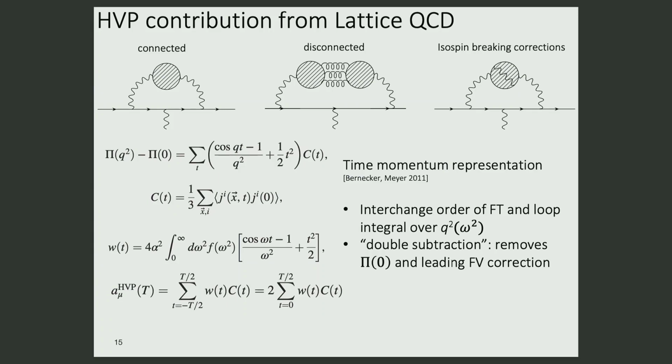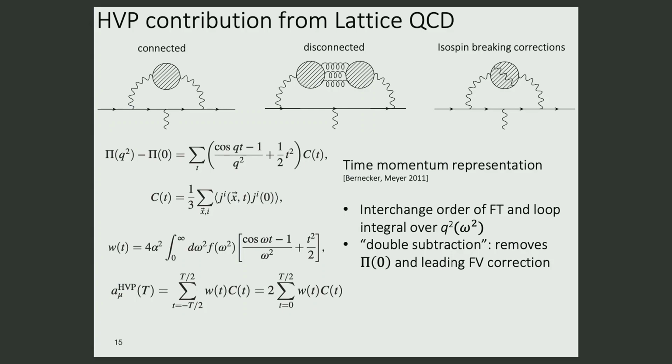And again, we can define a kernel based on the one-loop QED integral, and we put those 2 things together, the correlation function, and this kernel, and we simply sum over all time slices over the lattice and get the total contribution, just like we did before. Except now instead of integrating over momenta, we integrate or sum over Euclidean time.